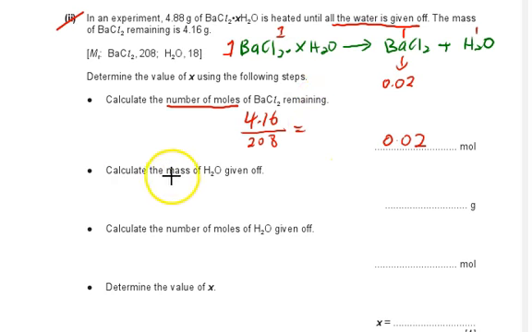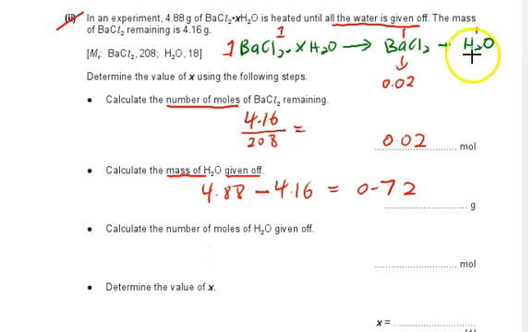So now if they're asking to calculate the mass of water given off, we just have to take the 4.88, the initial value, minus the dry barium chloride. So we'll be getting here about 0.72. So the weight here is 0.72.